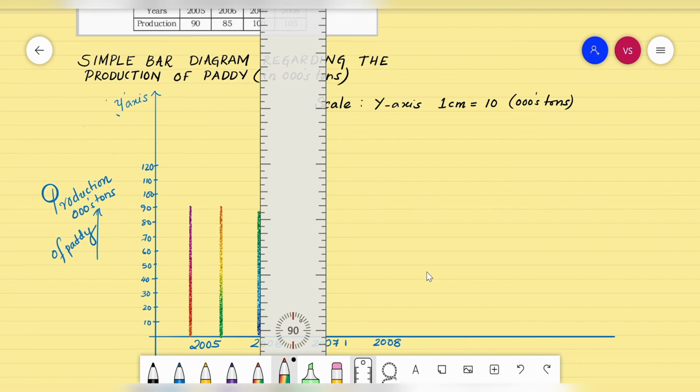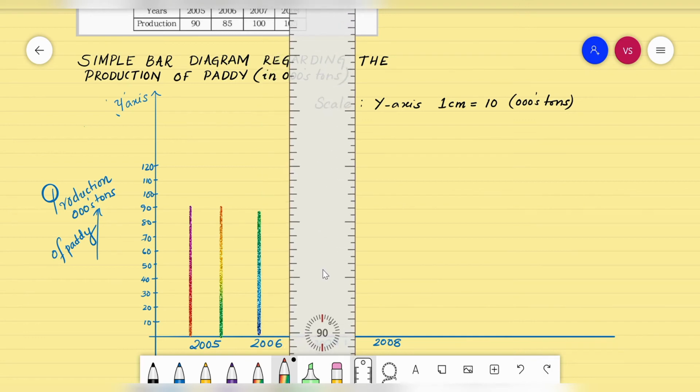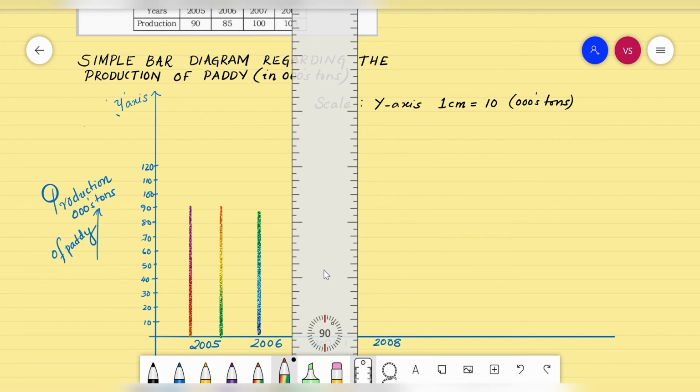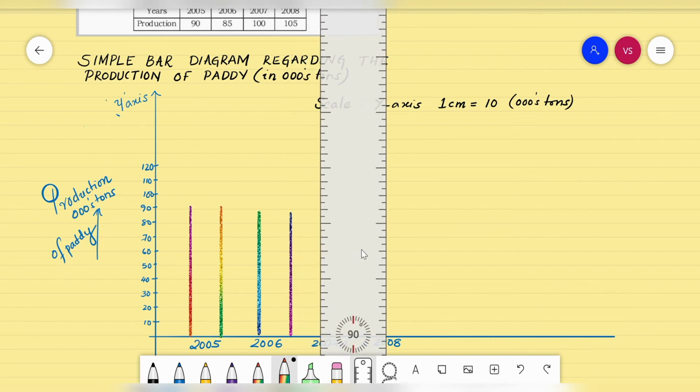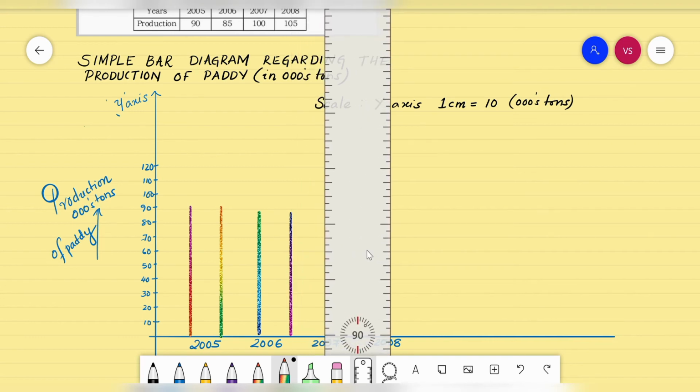Now, the width of the bar should be the same as it was before. For 2005, whatever width you have taken, the same width it should be. Right, for the next, for 2007, it is 100. The scale goes up to here.